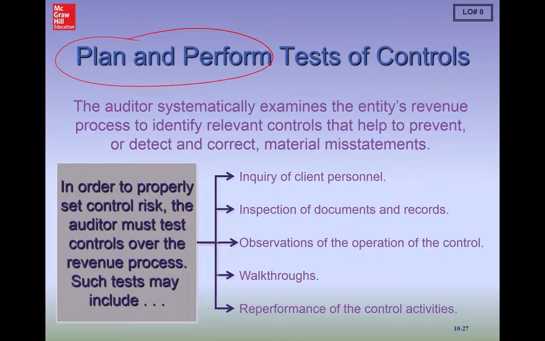Most common tests of controls are where we actually talk to the client and their individual staff. We look at documents such as those SOPs, such as any type of manuals that they have. We observe the transactions, and my favorite is the walkthrough. And this is basically where you take an item such as a source document like an invoice, and you walk that invoice through the entire process.